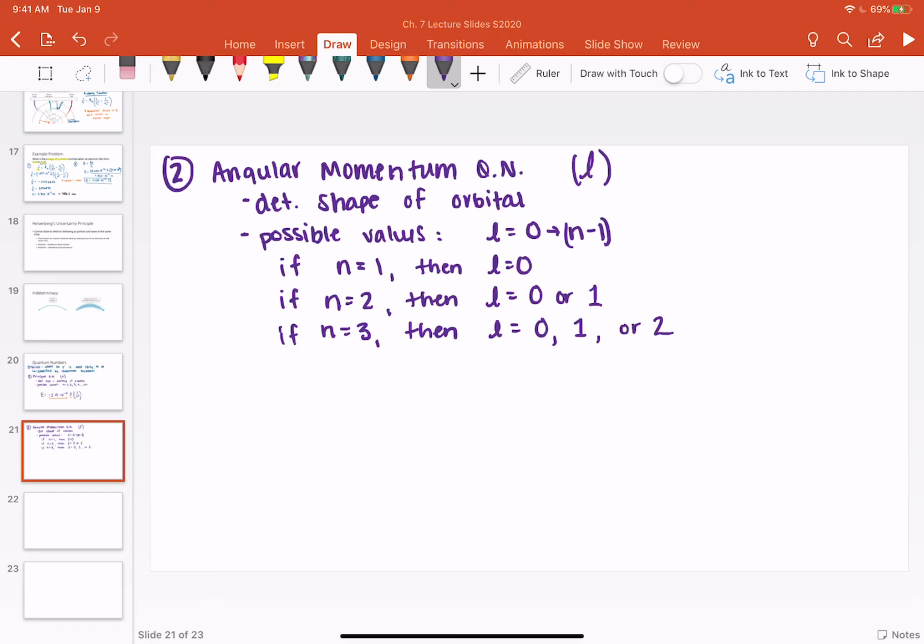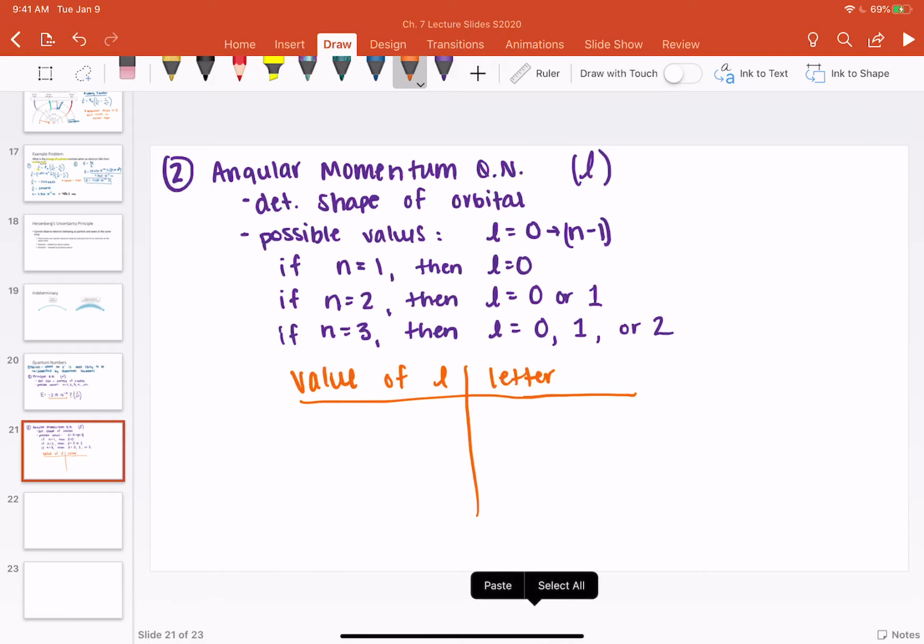And these values of L are assigned letters to describe the shape of an orbital. So if we have our value of L, that value is associated with a letter that describes the orbital shape.